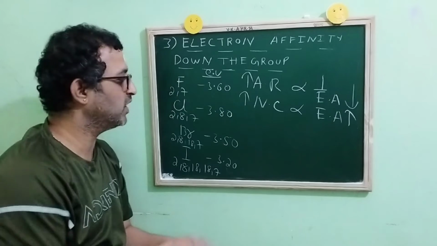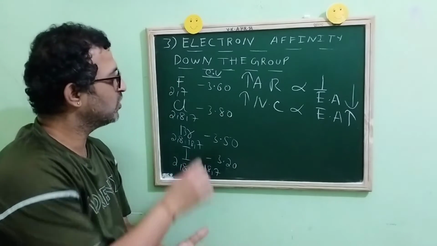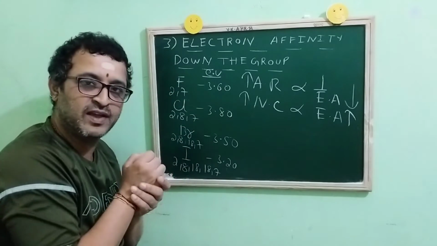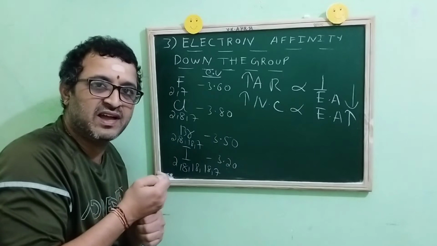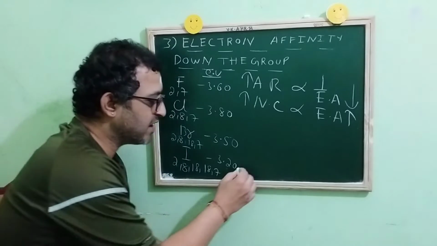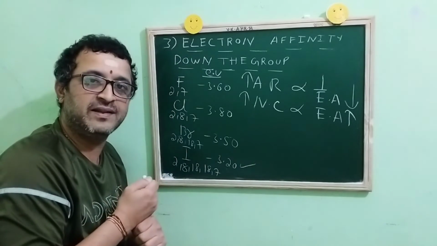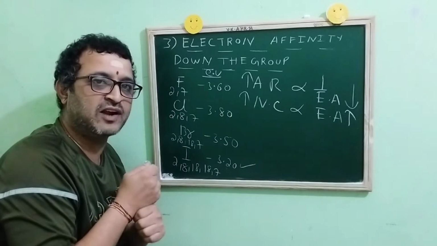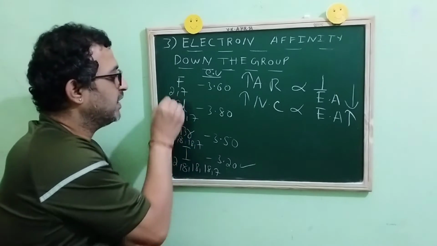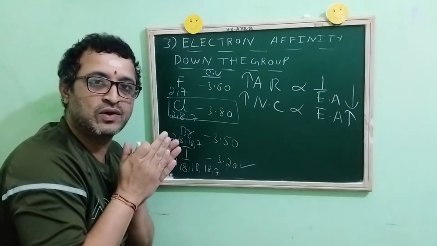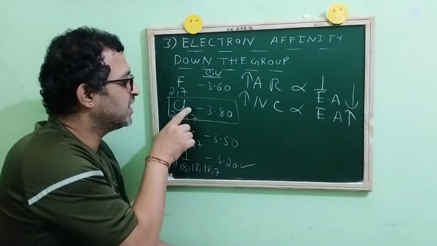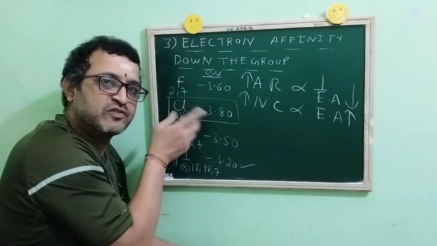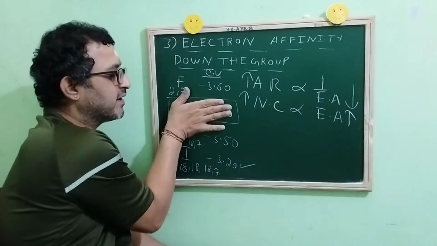No, it's correct only. If anybody asks you, out of these 4 elements, which has the lowest electron affinity, your answer is iodine. Which has the highest electron affinity? It is chlorine. Children, we will discuss this one later. Assume that this is not there.